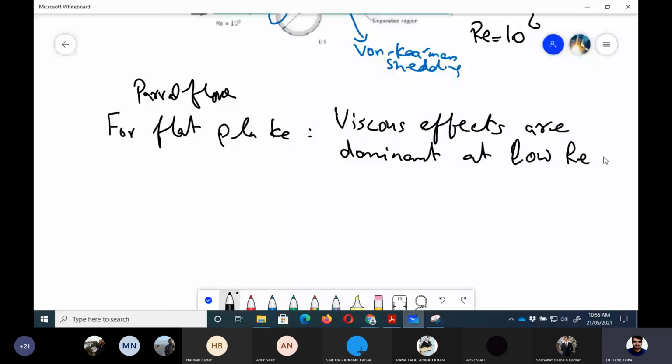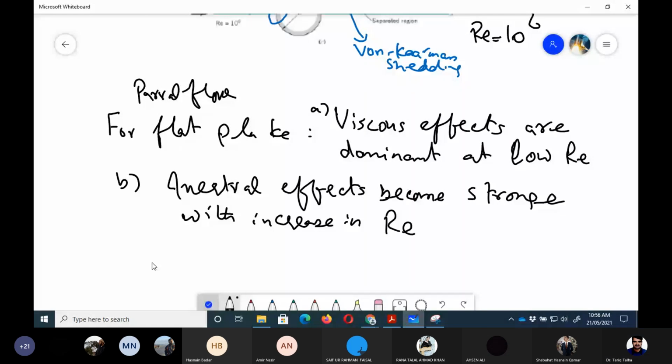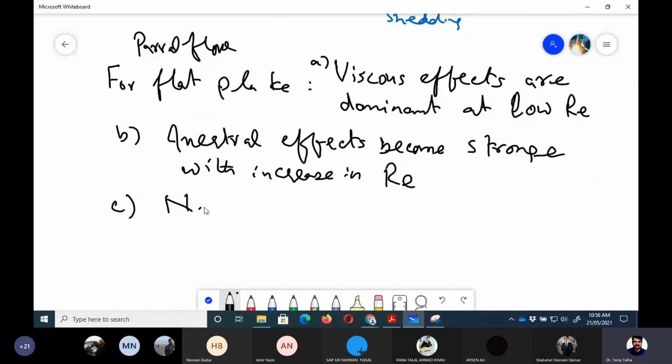This is the first point. Then the second point is that inertial effects become stronger with an increase in Reynolds number. Then we have no flow separation.